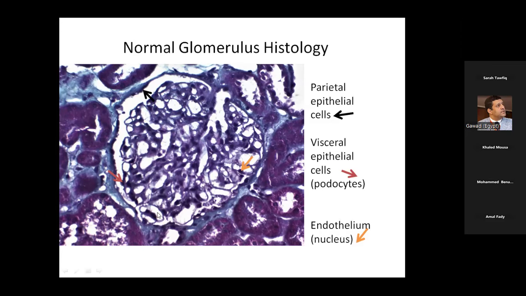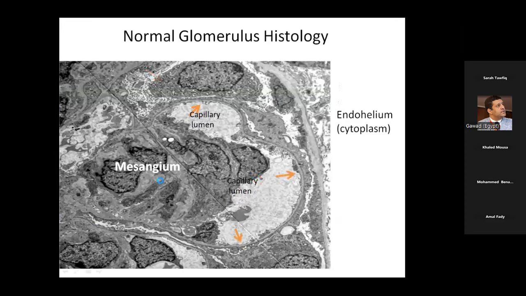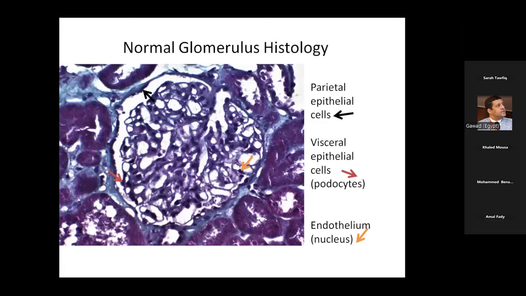An endothelial cell should be bulging inside a capillary lumen. That's a capillary lumen, and something bulging inside is the nucleus. But the podocytes are bulging outside. So it's not the right way to pick a podocyte in the center.